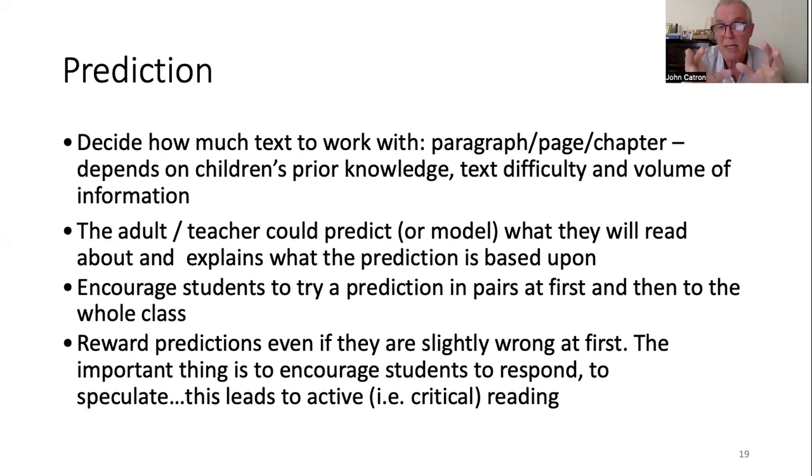So it may be a page, you may want a chapter, but you have more impact focusing on a small section of text. And this depends on how much prior knowledge the children have, how difficult the text is, and how much volume of information you've got to get through. So as professionals, you need to work that out for yourselves, but usually it's about two paragraphs.